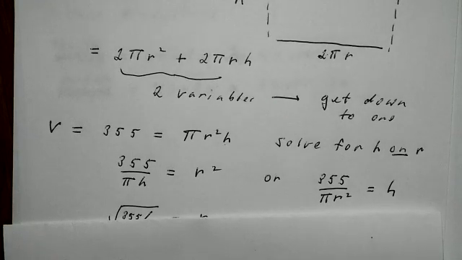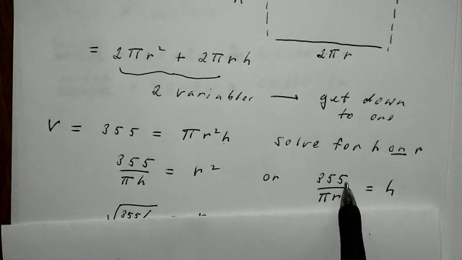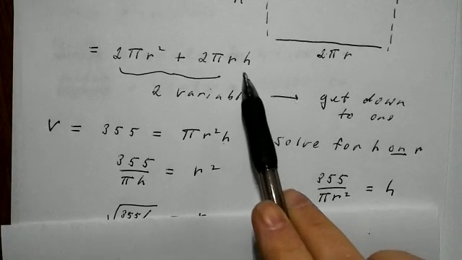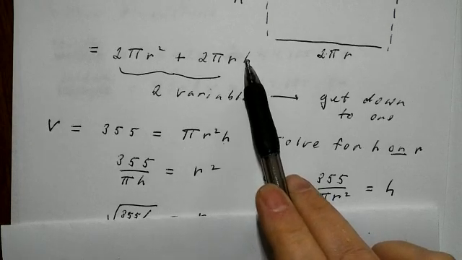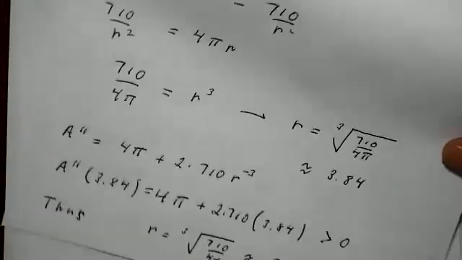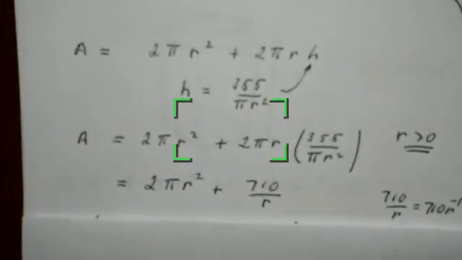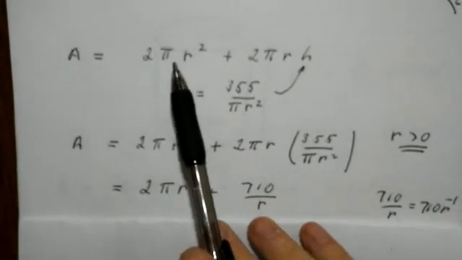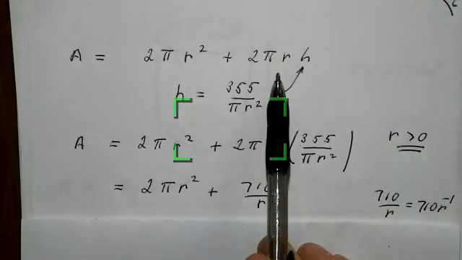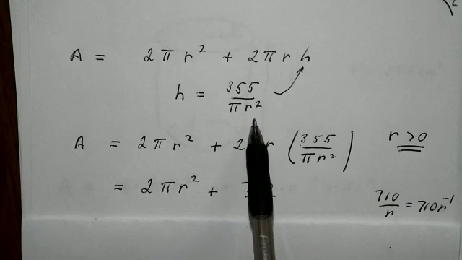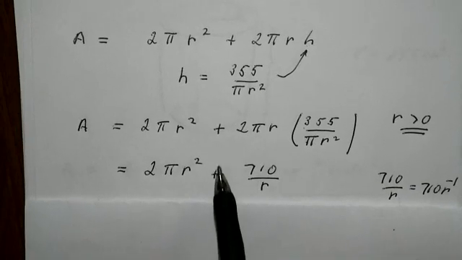So let's do that. We're going to take 355 divided by pi r squared, that's h, and we're going to substitute it in right here. So we have 2 pi r squared plus 2 pi r, and then I substituted 355 over pi r squared in for h there.